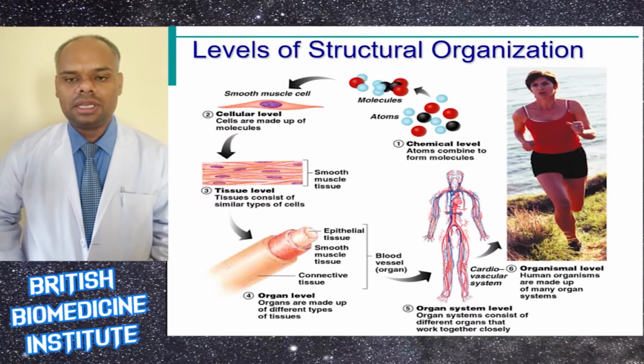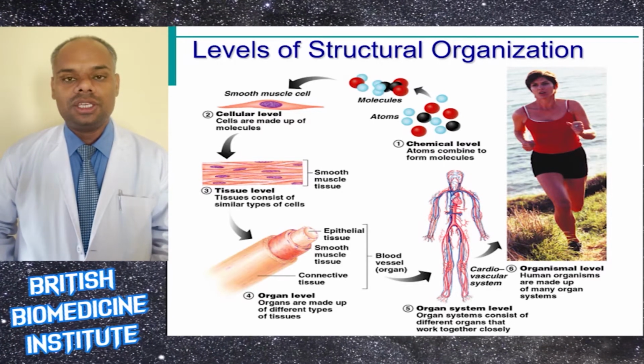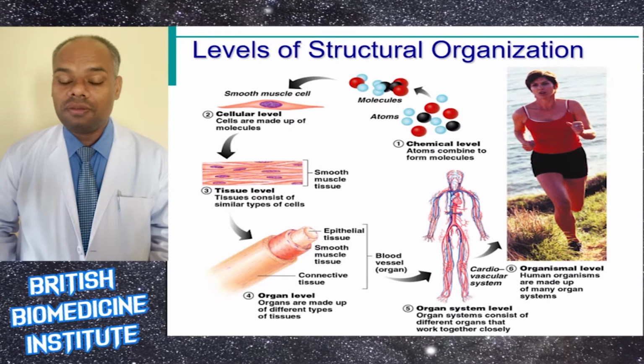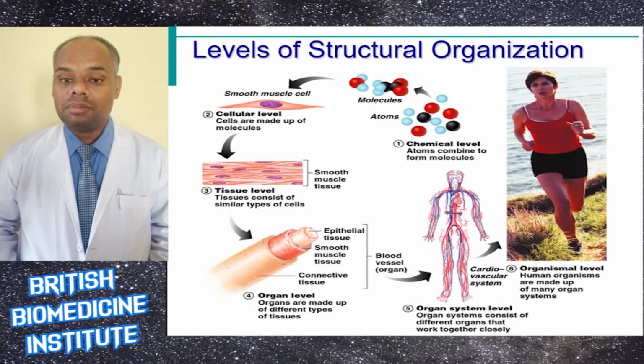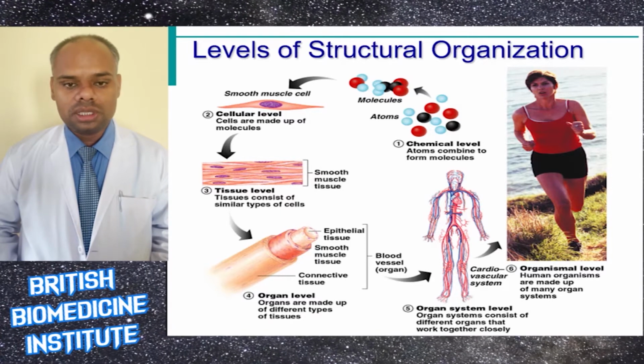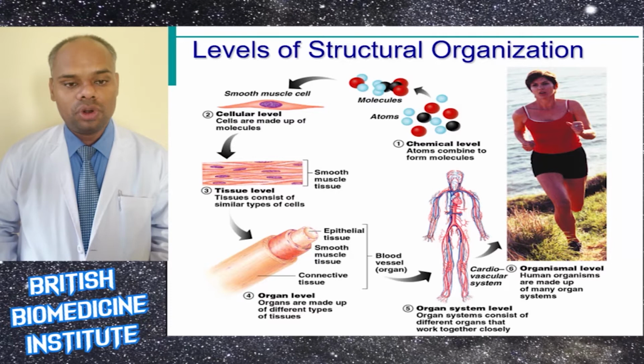So there are various levels of structural organization. At the chemical level, atoms combine to form molecules. At the cellular level, cells are made up of molecules.